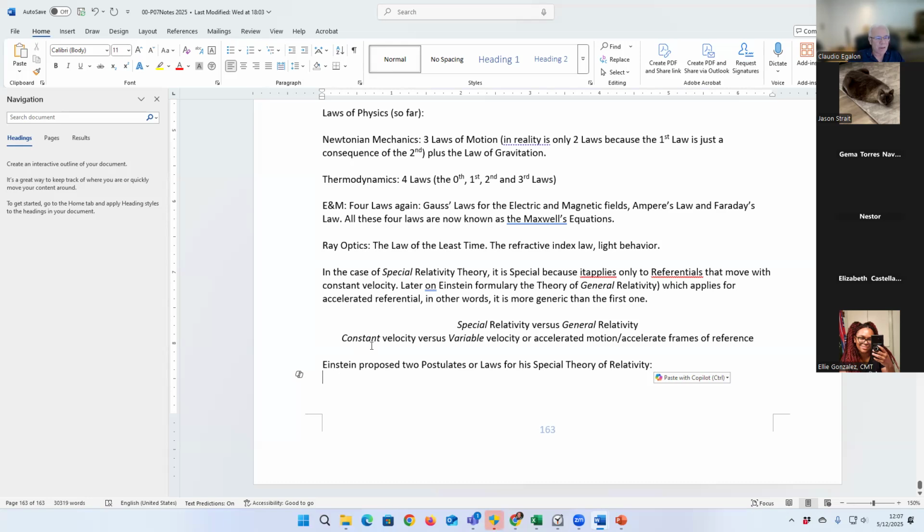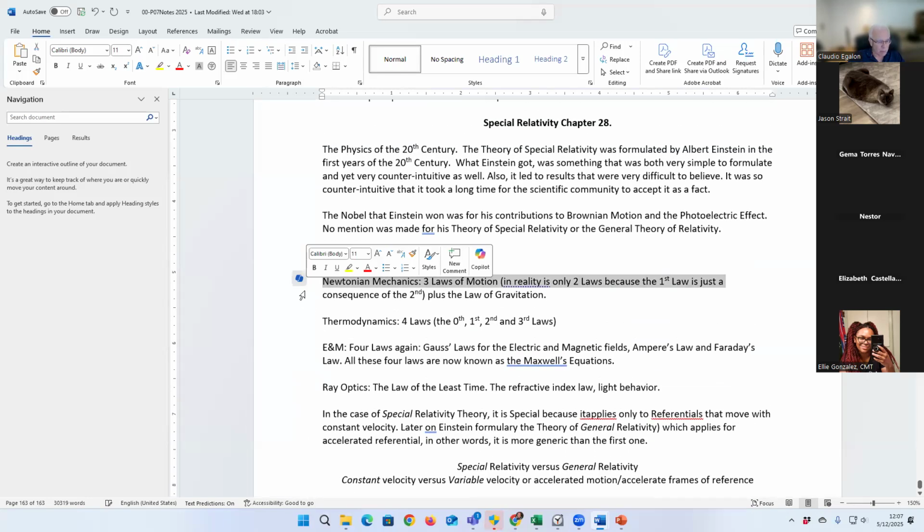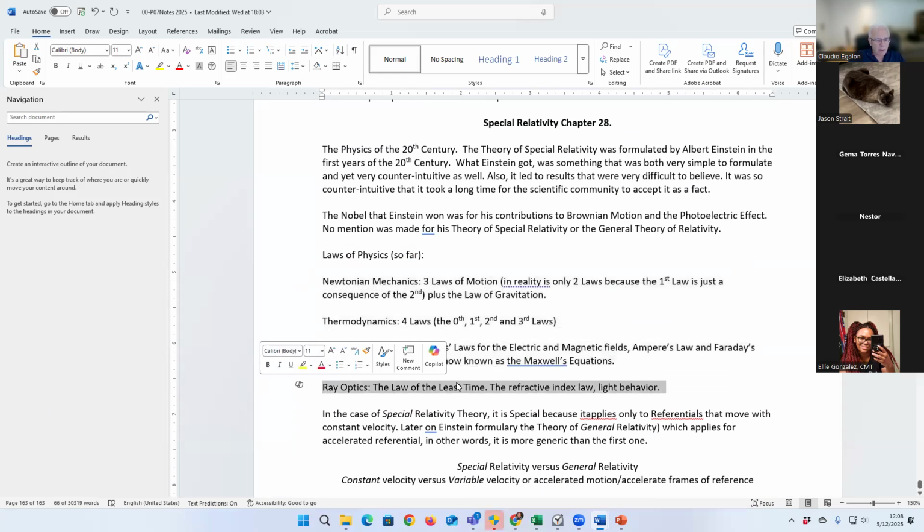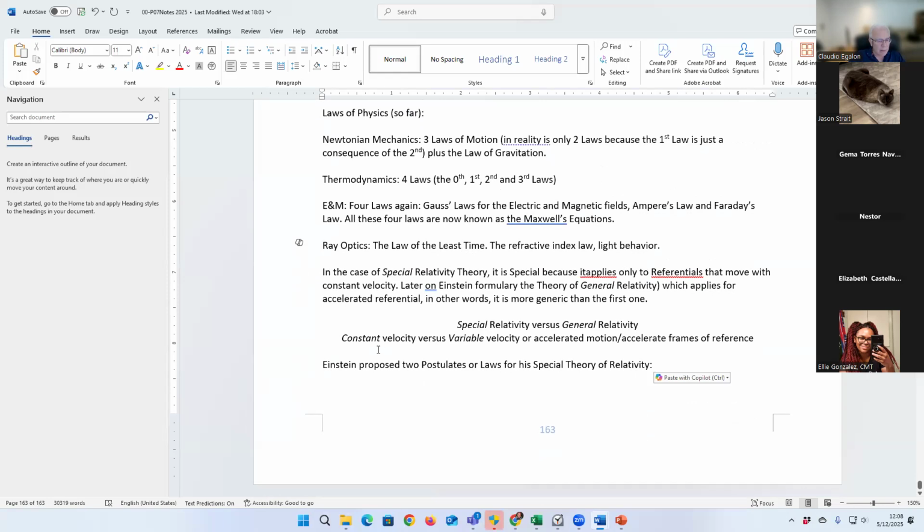The theories that they had at the time were Newtonian mechanics, thermodynamics, and electricity and magnetism. Those are the theories that scientists thought they had nailed. There was nothing else to learn. Okay, so we can write it down like that.